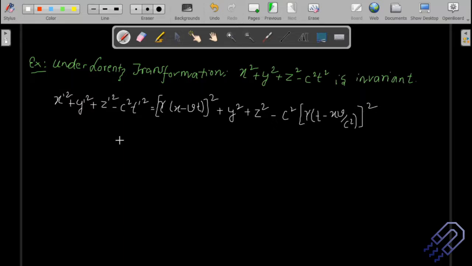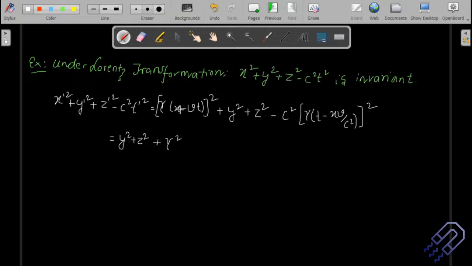After that we are going to take y square plus z square, and then combine these two. For both of them the denominator is the same, which is nothing but gamma square, so we keep it as gamma square.